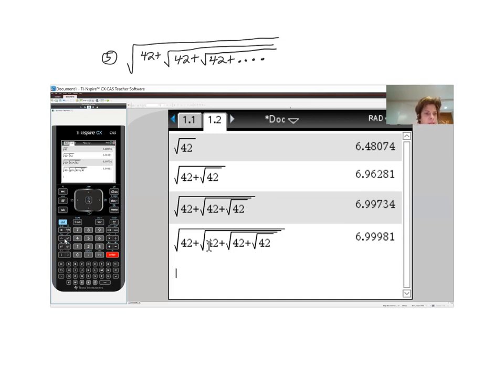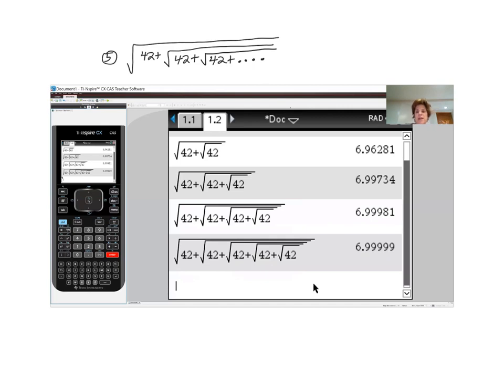All right, let's do this one more time. Control square root 42 plus, and then I go up to the previous one, enter. Now I think this should do it. Control enter. Oh my gosh. Now we go to the 10,000th place, and that's increasing.